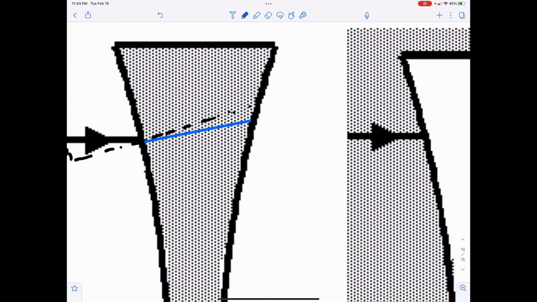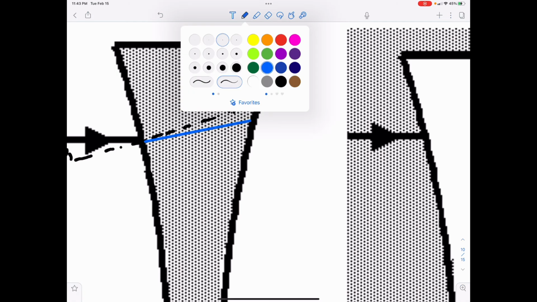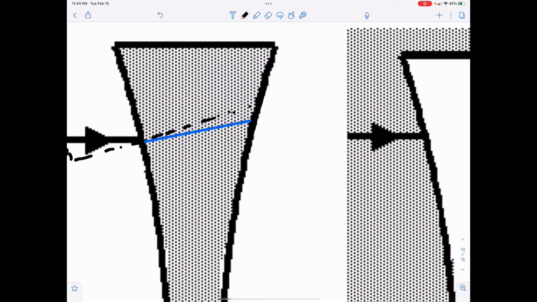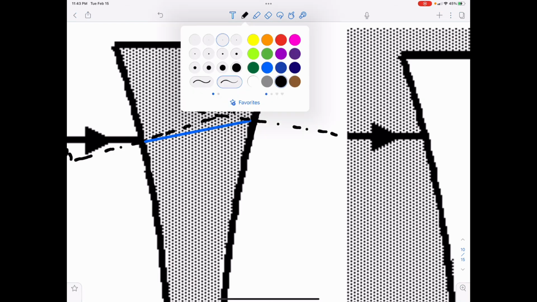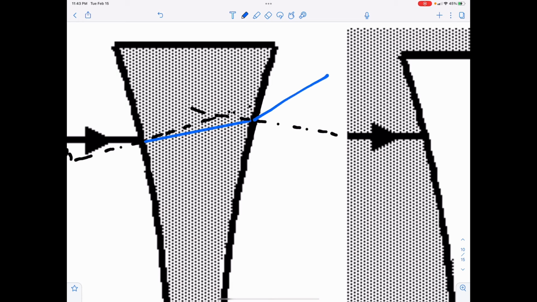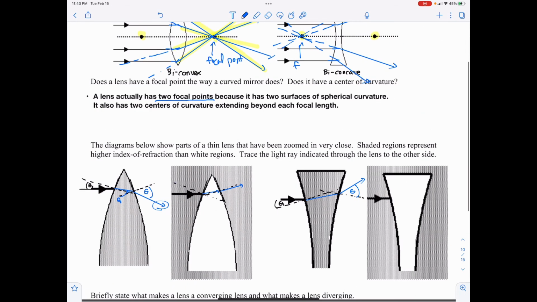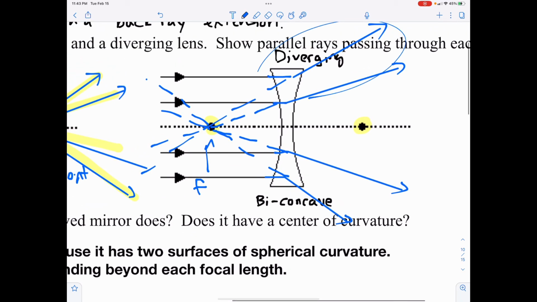Then here's my surface and my normal to the surface, and I'm going to be refracting farther from the normal because I'm going back into air again. So I would expect a very large angle out here. And notice I'm diverging upwards like we see here.